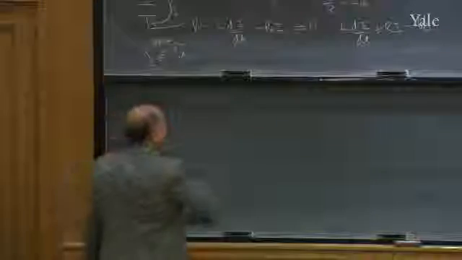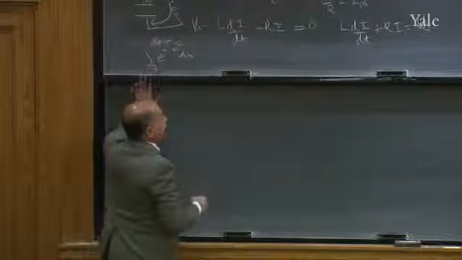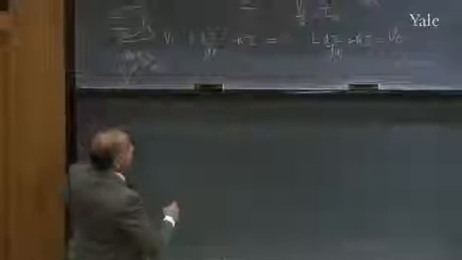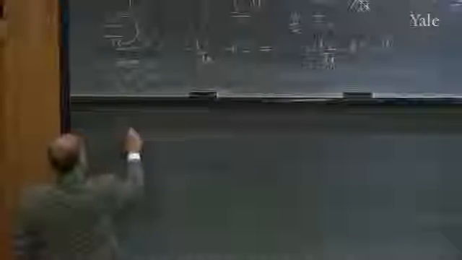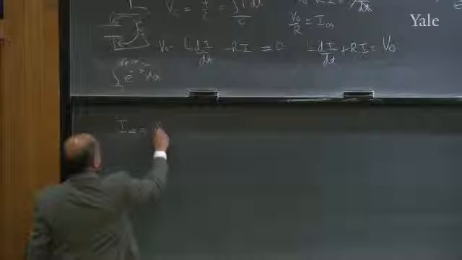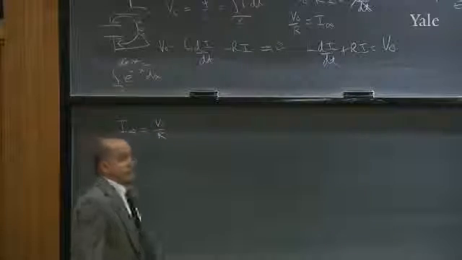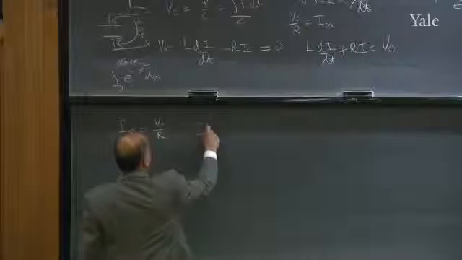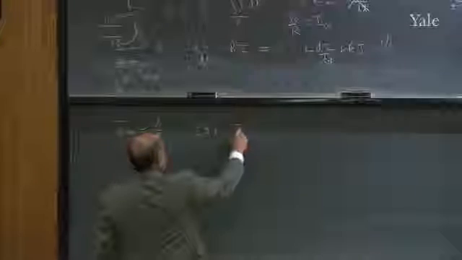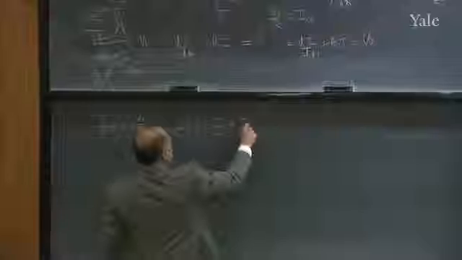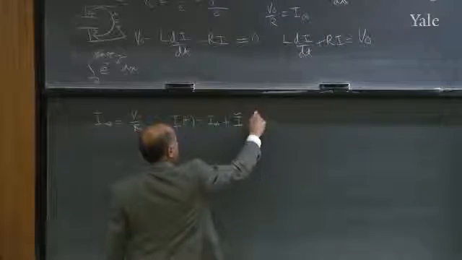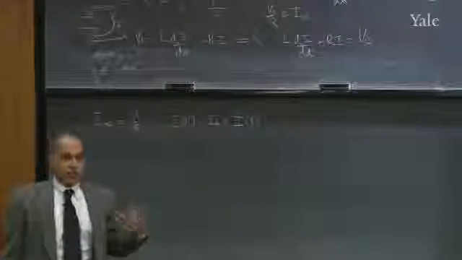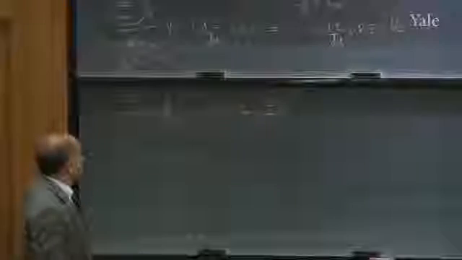Okay, but anyway, this guy we can trample to death as follows. First we say, at very, very long times, the current, I told you, is V0 over R. That's when di/dt is 0. So we are going to write the actual current in our problem as the current at infinity plus some difference, I twiddle. Standard thing. You take out the part you know and solve for the rest of it.